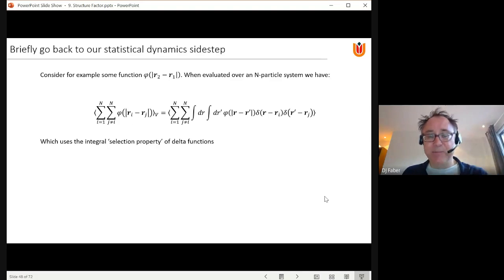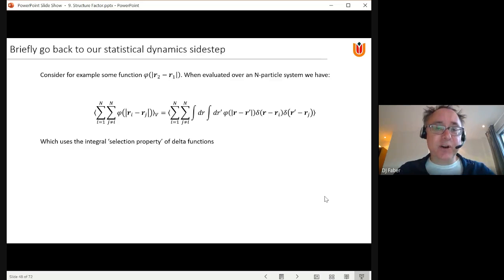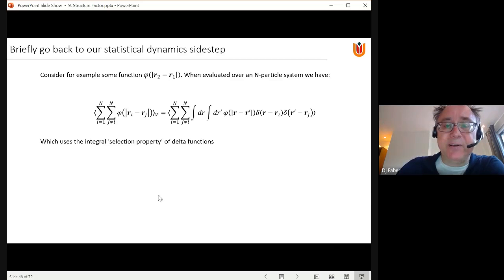Why this elaborate function? Well, you can show that, let's say we take an arbitrary function phi that depends on the distance between two particle coordinates only, so only on the distance. If you take a volume average of that function, you can rewrite that using these delta functions as such.